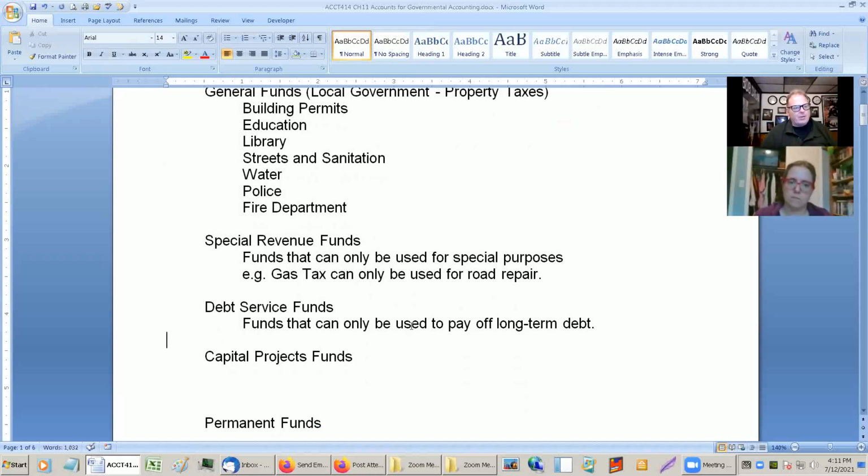Okay, capital projects funds. These are for building projects. So roads, buildings, bridges, sidewalks, whatever.